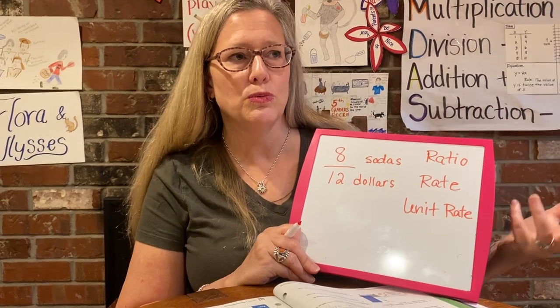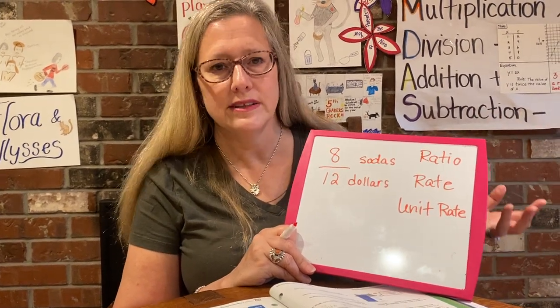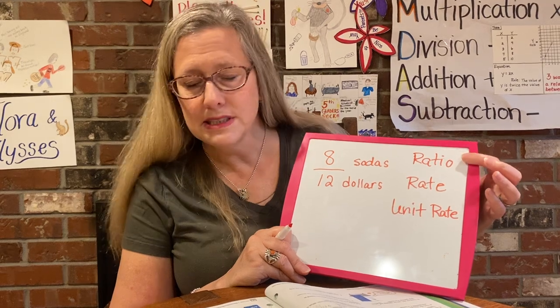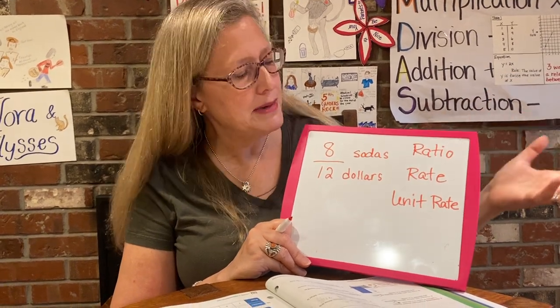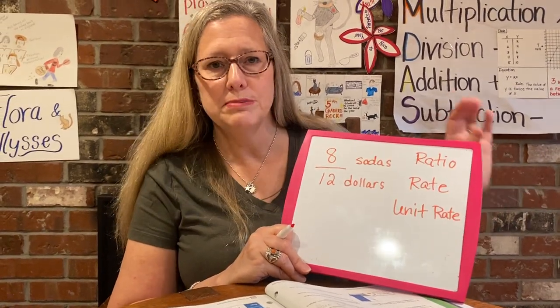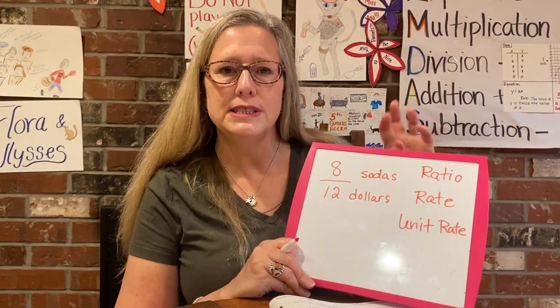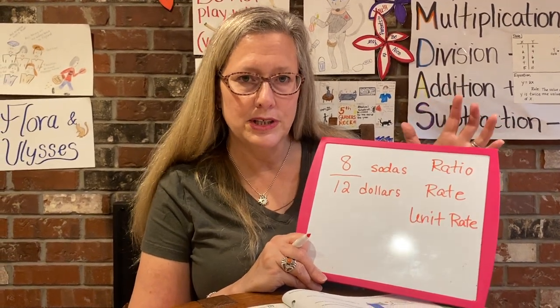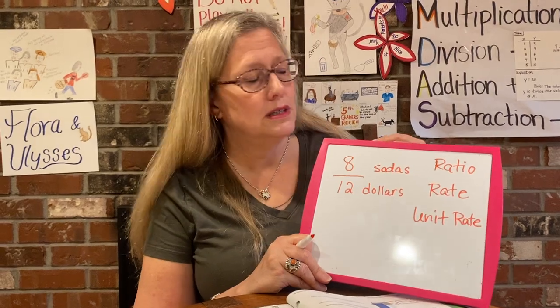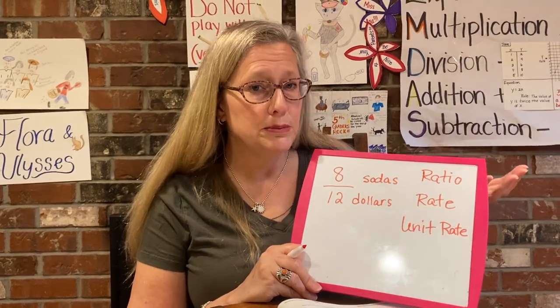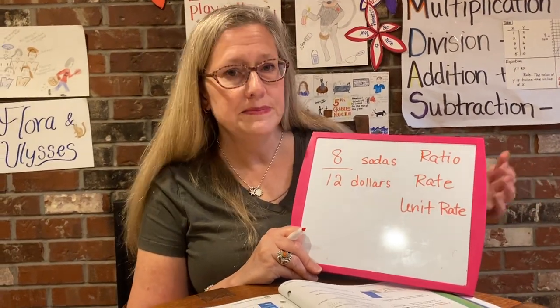They really work mathematically exactly the same. Ratio is comparing an amount to an amount. A rate is when you're comparing two different units to each other, miles per hour, dollars to bananas, whatever, different units.